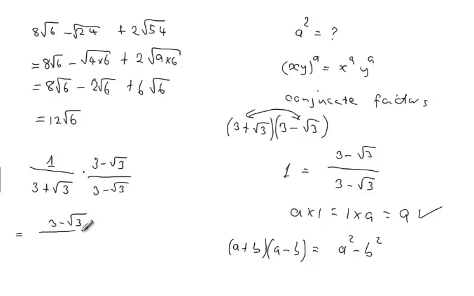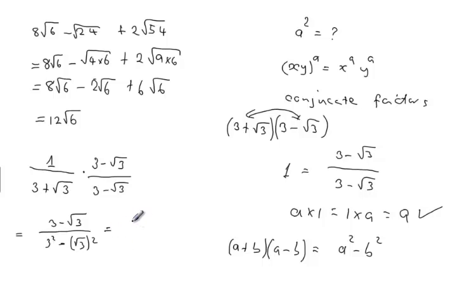the conjugate. The denominator becomes 3 squared minus the square root of 3 squared, isn't it? Okay.